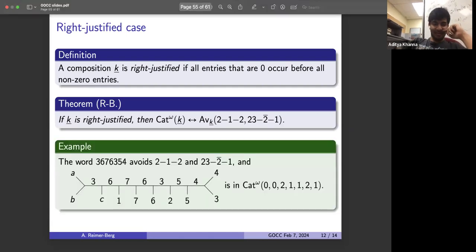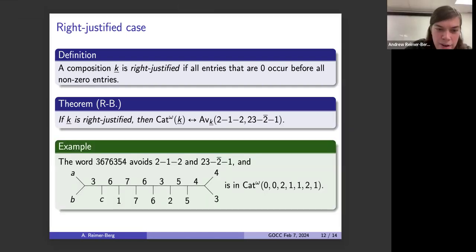3-6-7-6-3-5-4, first of all, avoids 2-1-2 because the 2 6s only have a 7 between them. The 2 3s only have things larger than 3 between them, so it avoids that one. And then it also avoids 2-3-barred2-1 because even though 6-7-3 or 6-7-5 or 6-7-4 are all 2-3-1s, they are not 2-3-barred2-1s because of the second 6 right here.